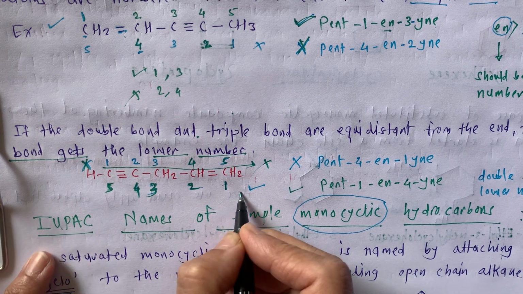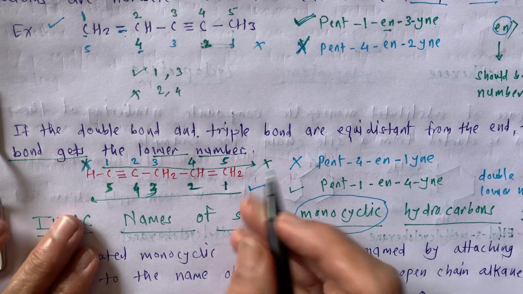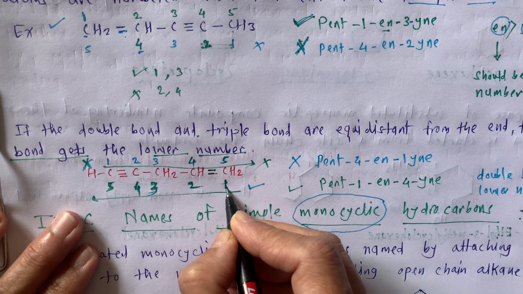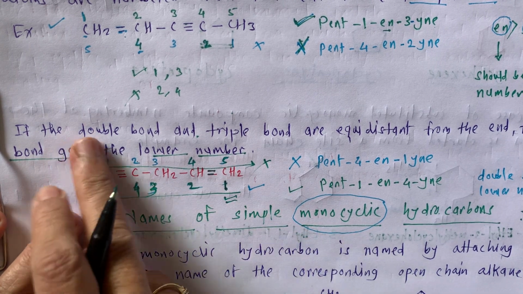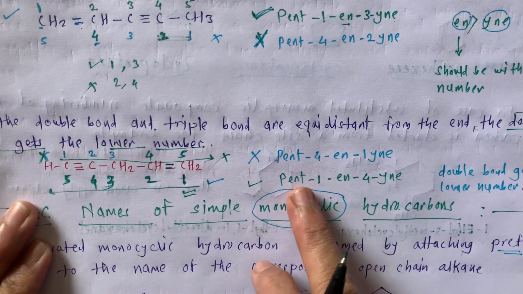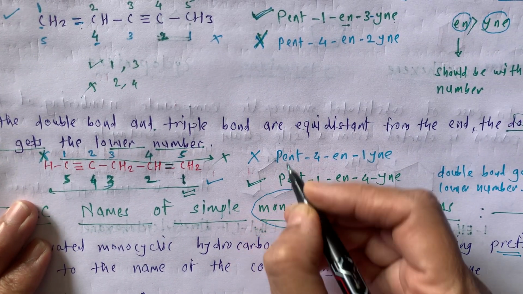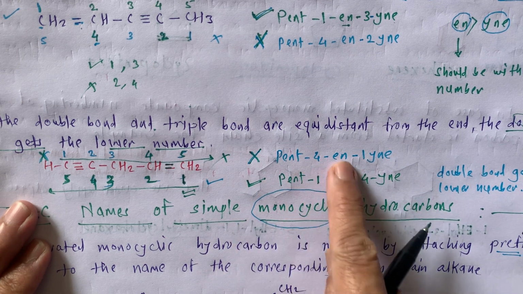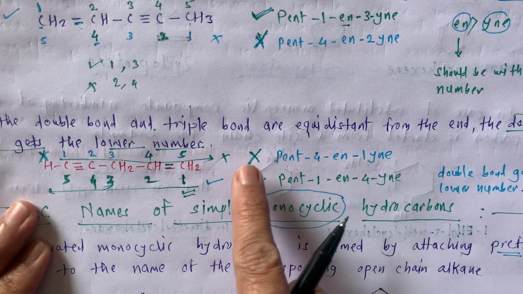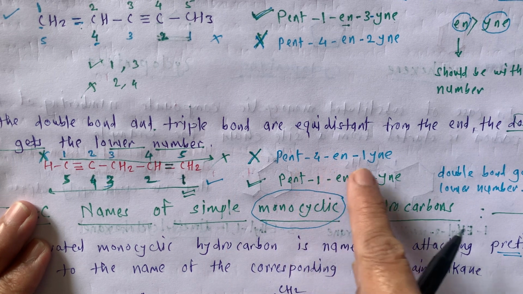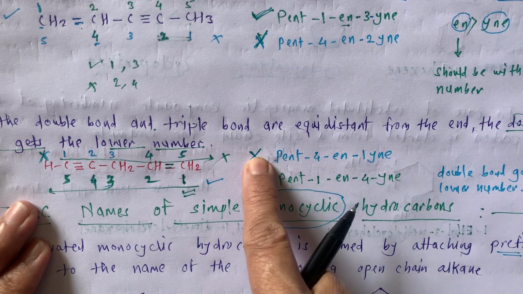But if you select the numbering from the right end, then the double bond comes on the first carbon. And this is correct according to this rule. That's why pent-1-en-4-yne is the correct name, while pent-4-en-1-yne is the wrong name.